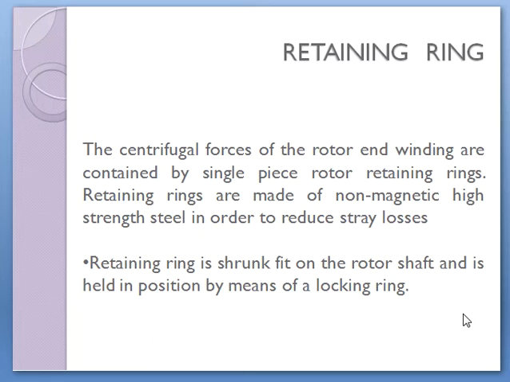Since the rotor has a number of slots, rotor windings are inserted in these slots. On top of that, the wedges are also fixed. So, all these windings have to be firmly fixed at the ends, so that they do not get loosened during rotation.